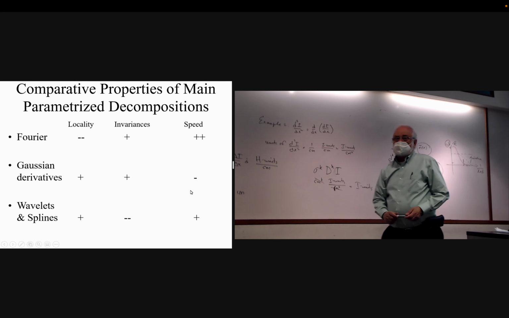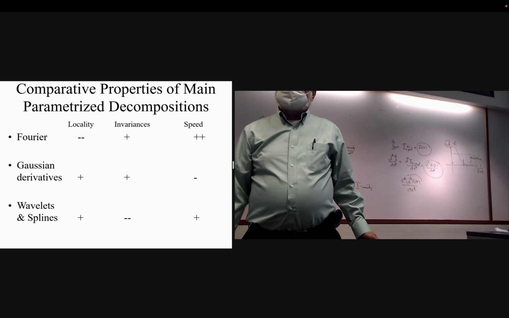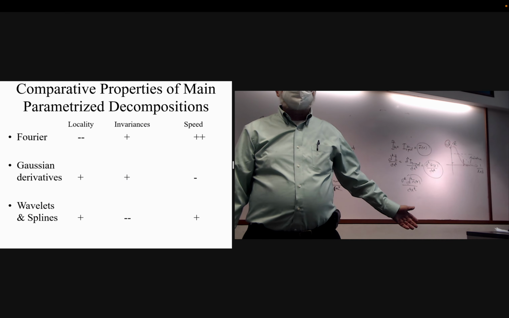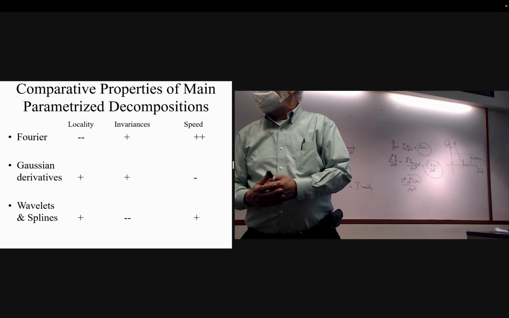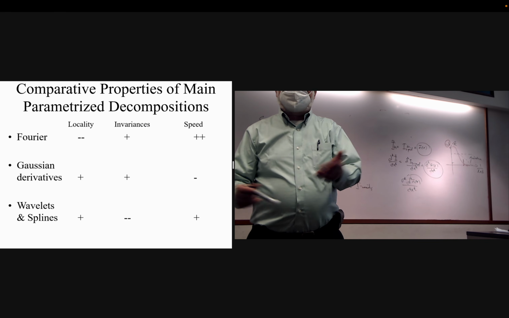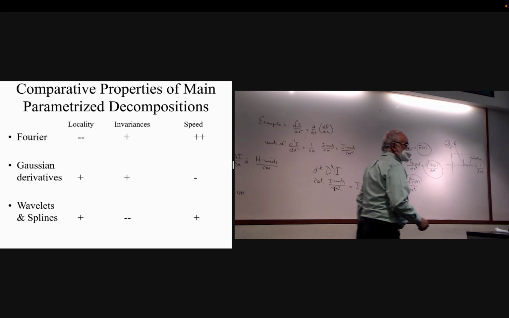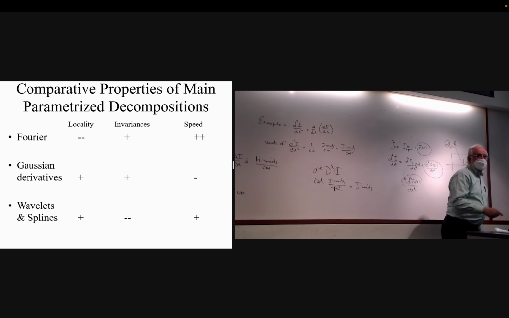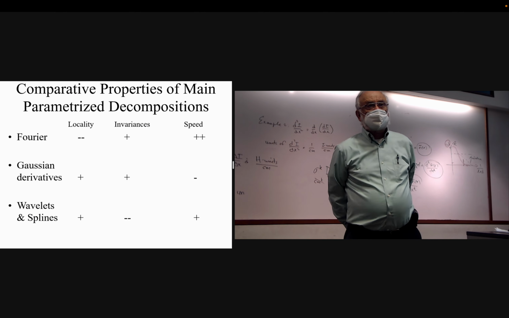Okay, to make a long story short, these are the basic methods that have been developed, and none of them is perfect, right? They all have their faults, they all have their strengths. And depending on what you care about, you pick one or the other, right? Any questions? This is the last slide in this scale and locality section of the course.